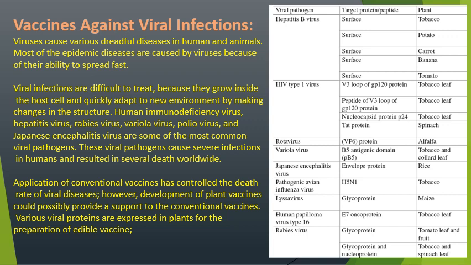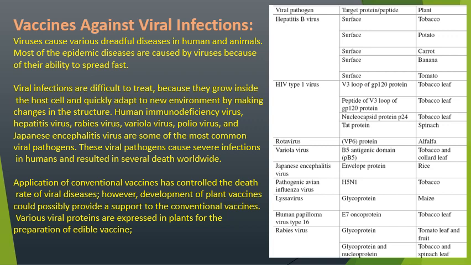For the HIV type 1 virus also, we provided the gene which codes for the V3 loop of GP120 protein and TAT protein in tobacco and spinach plants to produce plant-based vaccines.